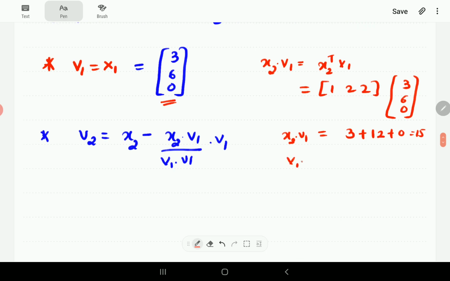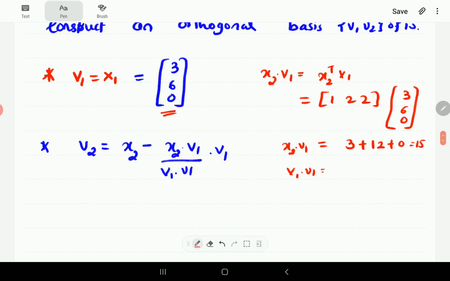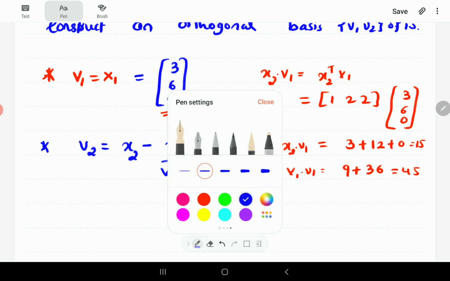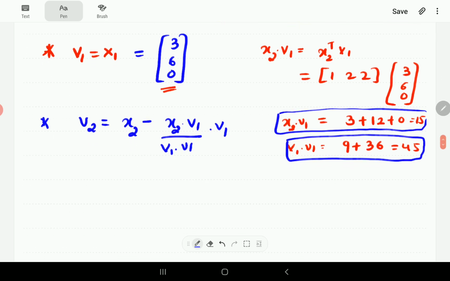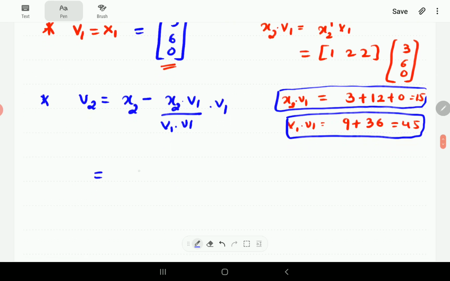Similarly, find v1 dot v1. v1 dot v1 is (3, 6, 0) with (3, 6, 0), which is 9 plus 36, equal to 45. We have got v1 dot v1 and x2 dot v1, so let us substitute them. x2 is 1, 2, 2, minus 15 upon 45 times v1, where v1 is 3, 6, 0.